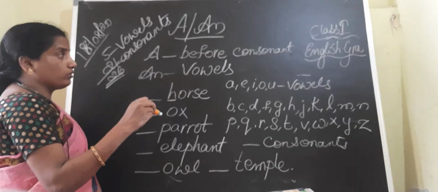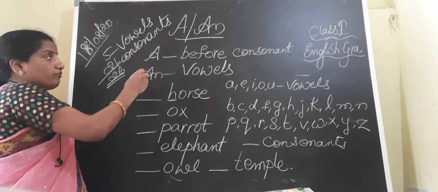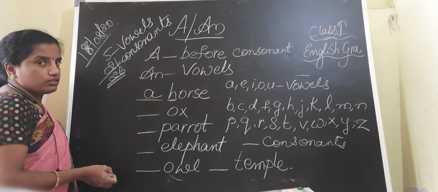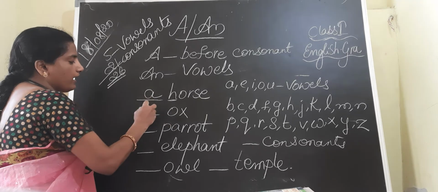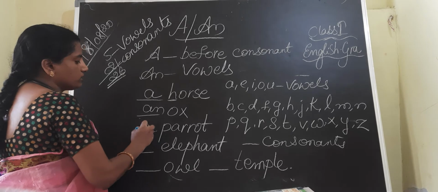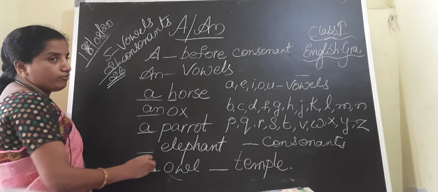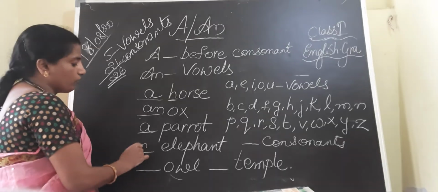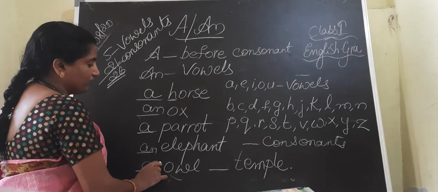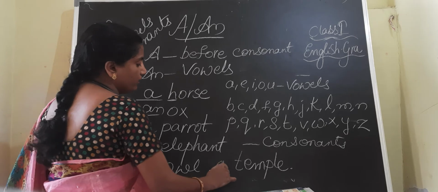H is a consonant. What we have discussed: before consonants, we have to use A. An ox, vowel. A parrot, P, consonant. Next, an elephant, E, vowel. An owl. A temple.